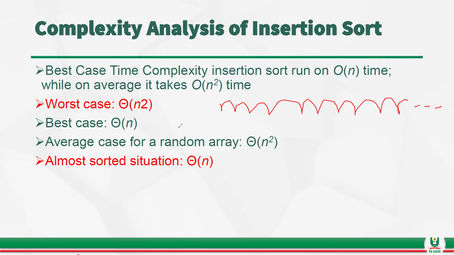If you are inserting according to the algorithm, I'm using money as an example. If this money is, let's say, 500 naira, and I have a bunch of nairas I want to insert, the best case scenario is when the entire set of naira is already arranged.